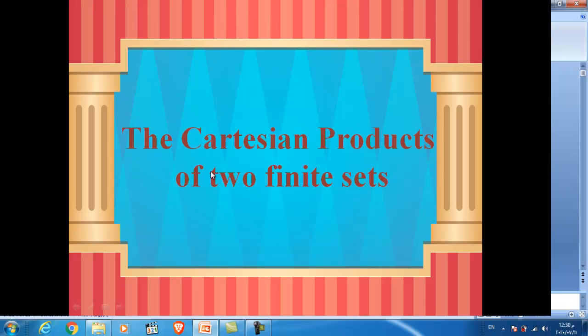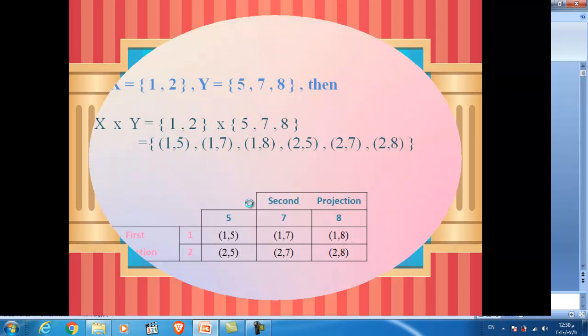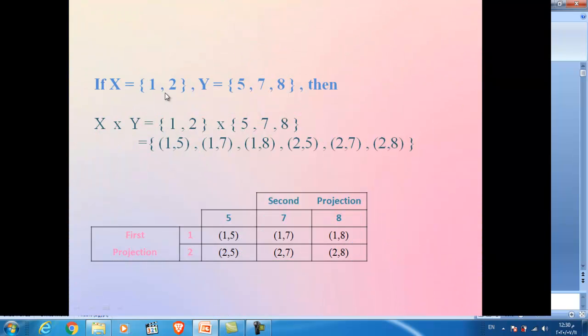Okay, the Cartesian product of two finite sets. If X equals {1, 2} and Y equals {5, 7, 8}, then X times Y, or X product Y, we will take each element of X with each element of Y. How come?